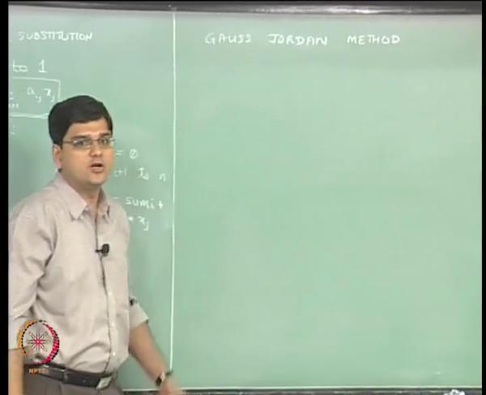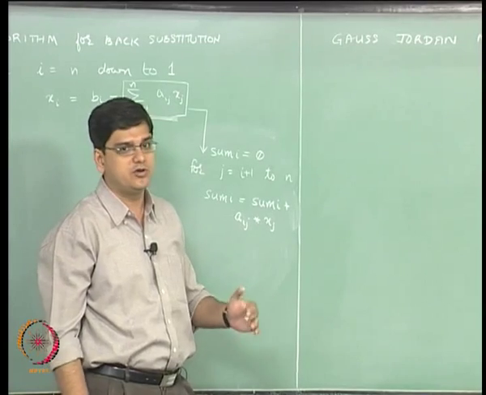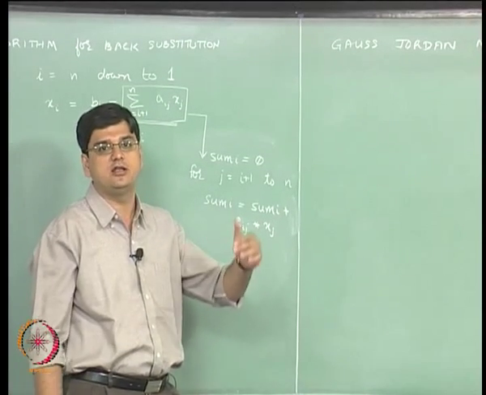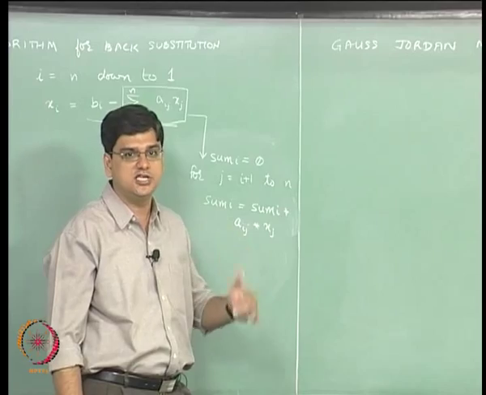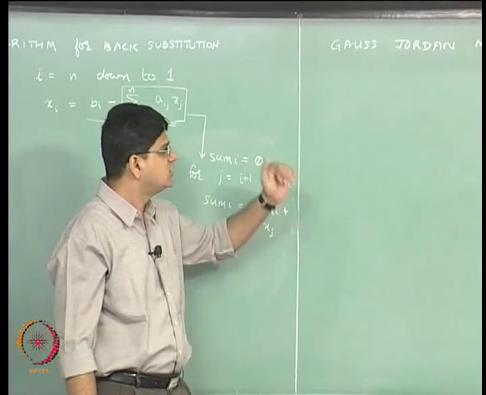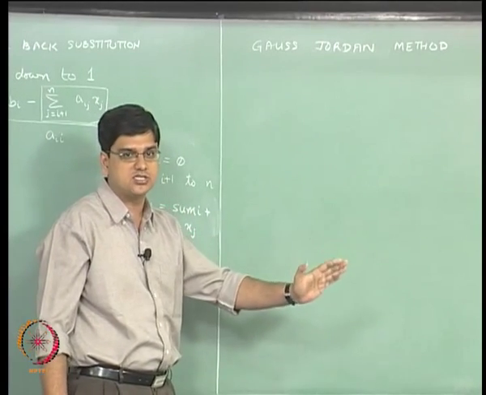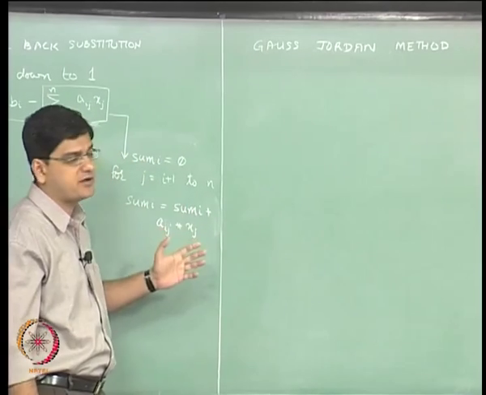What we did in Gauss elimination is we used the ith row in order to get the coefficients in the ith column 0 only for the rows below the ith row. So at the end of the Gauss elimination process, we ended up with an upper triangular matrix.